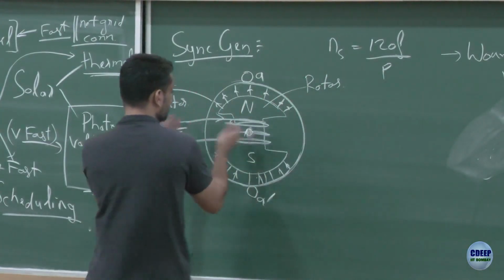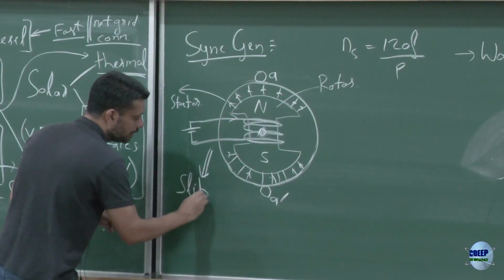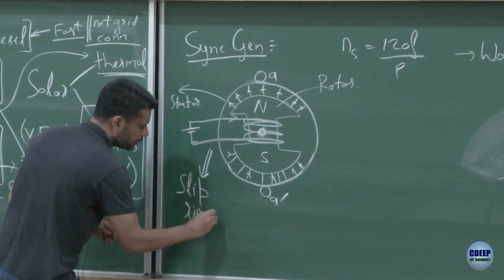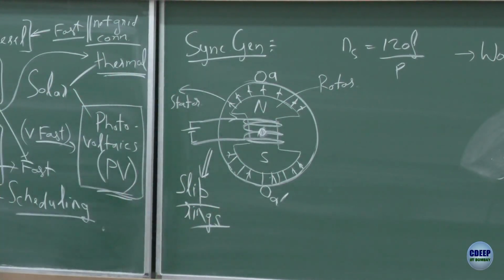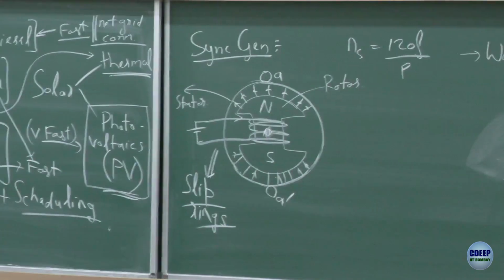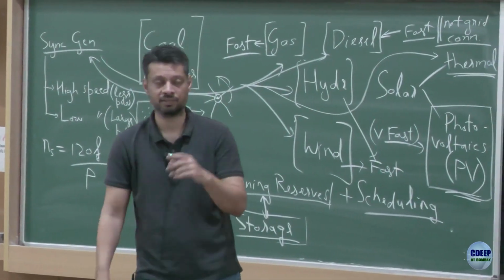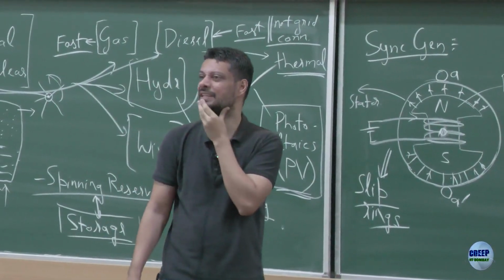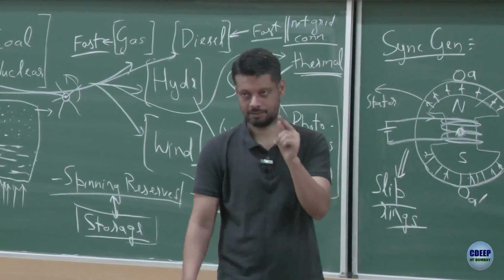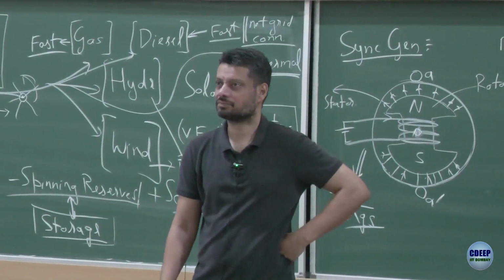So for this connection to happen, you would require slip rings. Slip rings were not used in DC motors, so to say, they were used in the wound rotor induction motor, right. Did you see a slip ring in the lab somewhere?